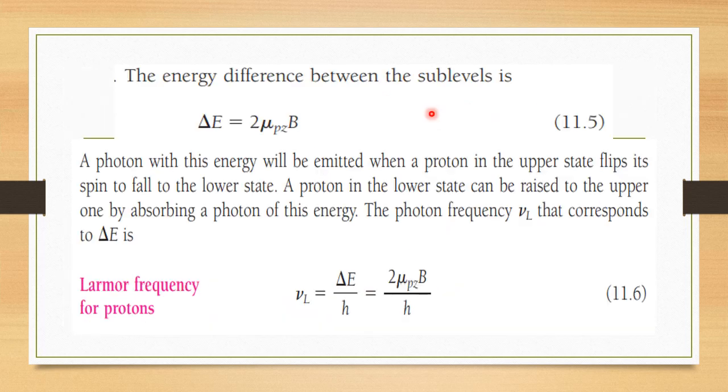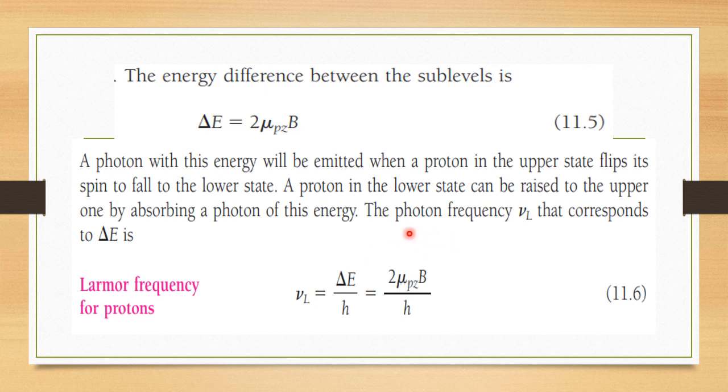So the energy difference between the sublevels is delta E equals 2 mu PZB. A photon with this energy will be emitted when a proton in the upper state flips its spin to fall to the lower state. A proton in the lower state can be raised to the upper one by absorbing a photon of this energy.